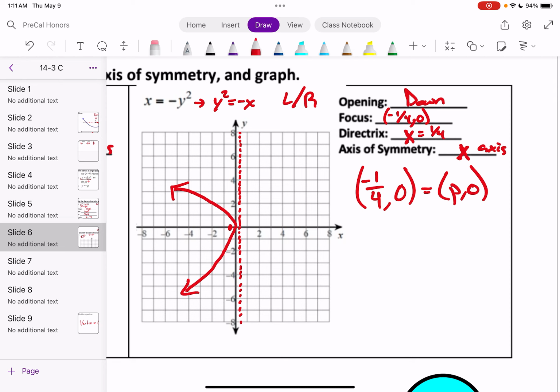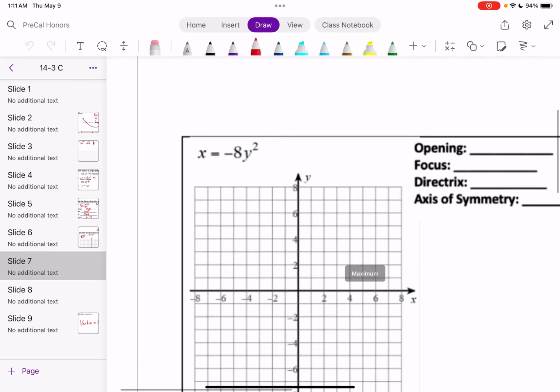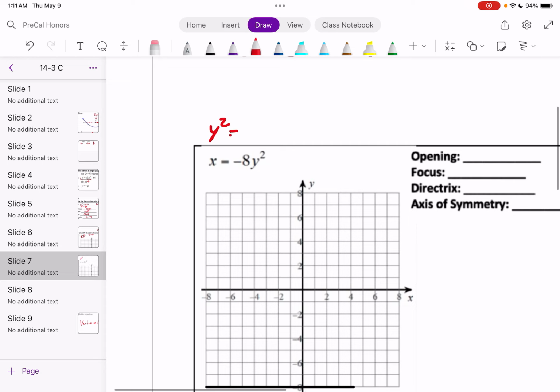Let's go ahead and take a look at slide 7. In slide 7, first thing that we're going to do is go ahead and isolate our y squared. In this case, y squared is equal to negative 1/8 x. And remember, our equation is y squared is equal to 4px.